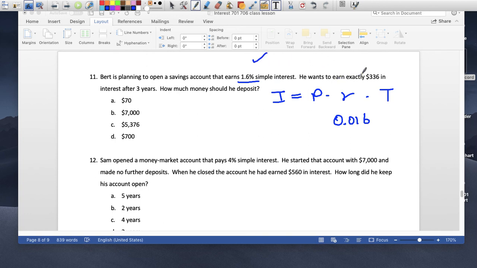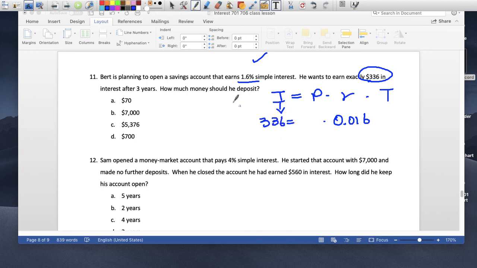He wants to earn 336. So earning 336 would mean this would be I, which represents how much the bank gives you, how much you earn for leaving that money in the bank. So I is 336 in this case.